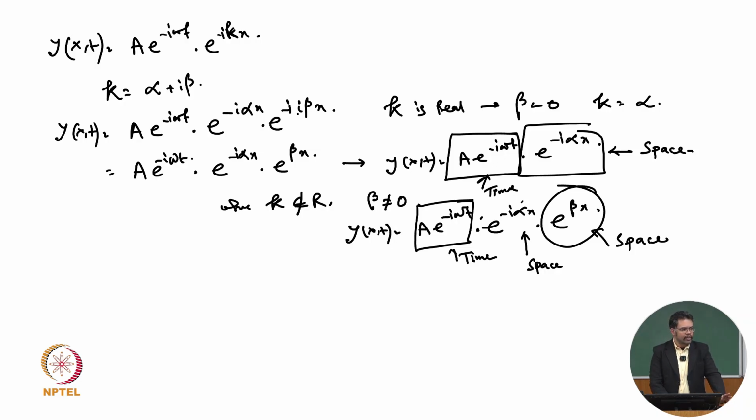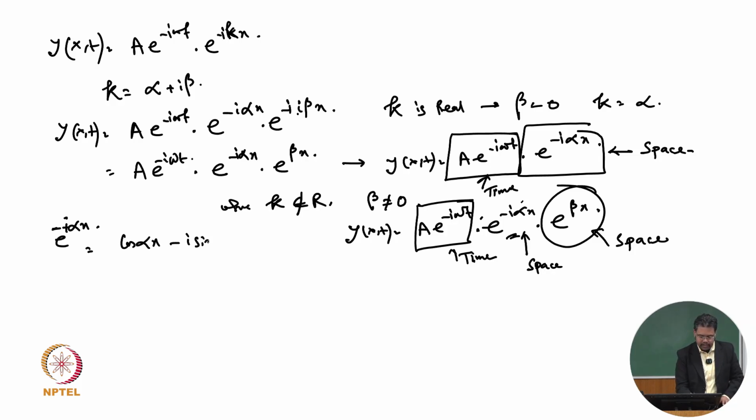agreed? Now how do these terms look? e to the power of minus i alpha x, how should this term look? This is nothing but cos of alpha x minus i sine alpha x. Agreed? So what is it?